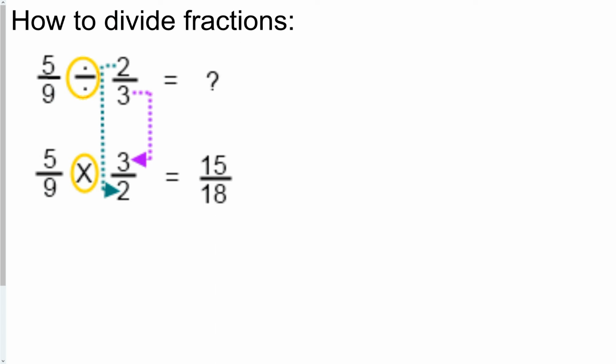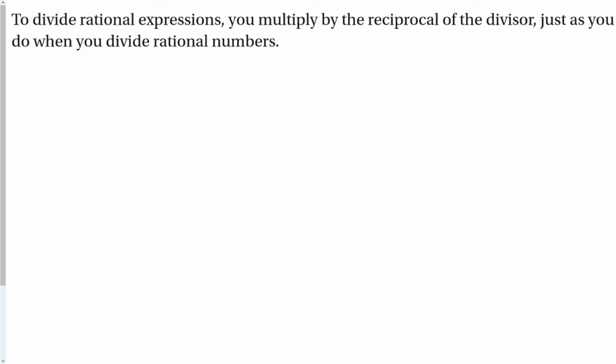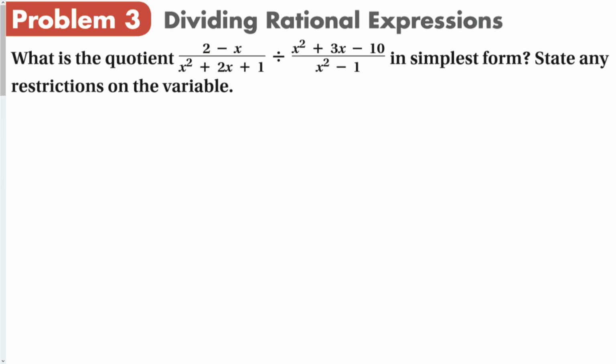Hopefully you remember that to divide two fractions, we multiply by the reciprocal, and then we multiply across the top and multiply across the bottom. So we're going to take the same idea. To divide rational expressions, we multiply by the reciprocal of the divisor, just like we did with rational numbers.